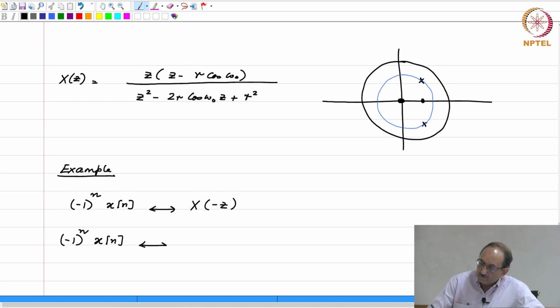The corresponding DTFT is, this is the same as e to the j pi n.